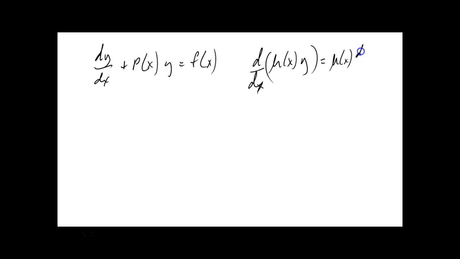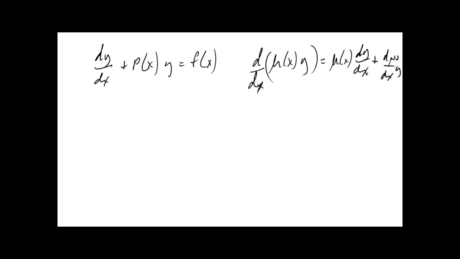Plus, the other half of the product rule says, I'll write that d of mu of x dx times y. And that's what they show here: mu dy dx plus d mu dx y.